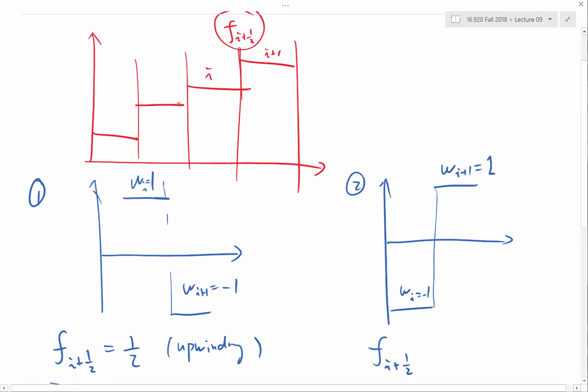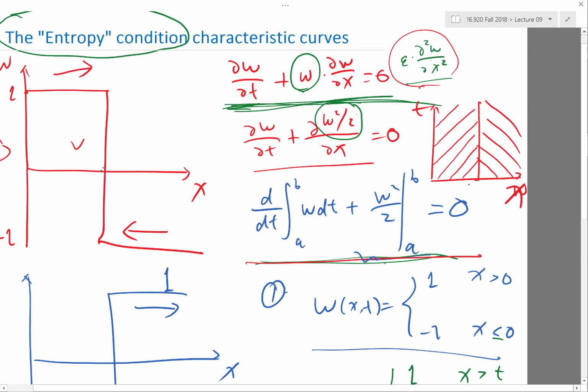Another argument for the flux being a half is that in this case, the discontinuity is maintained, it's stationary, it doesn't change. The discontinuity is going to be a discontinuity forever if the left-hand side is always equal to 1 and the right-hand side is always equal to minus 1. So the difference of flux across any volume should be 0 for the solution to remain fixed.